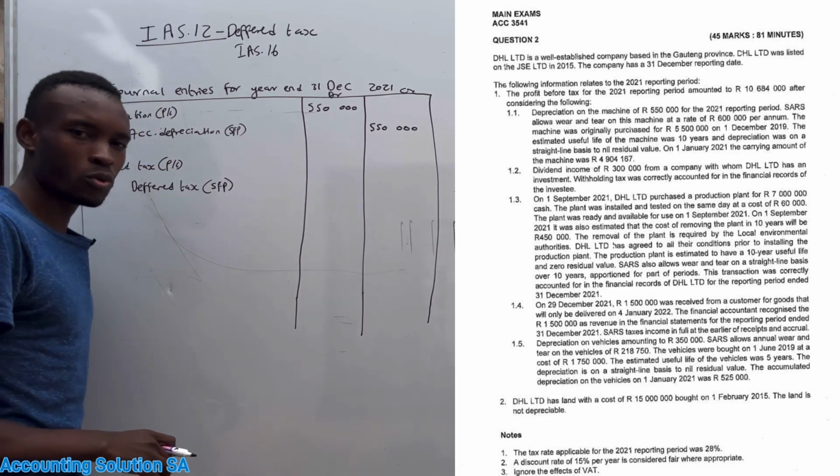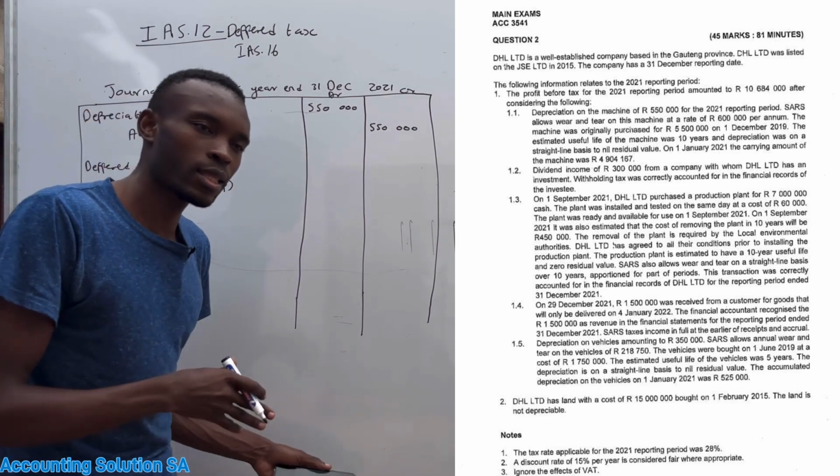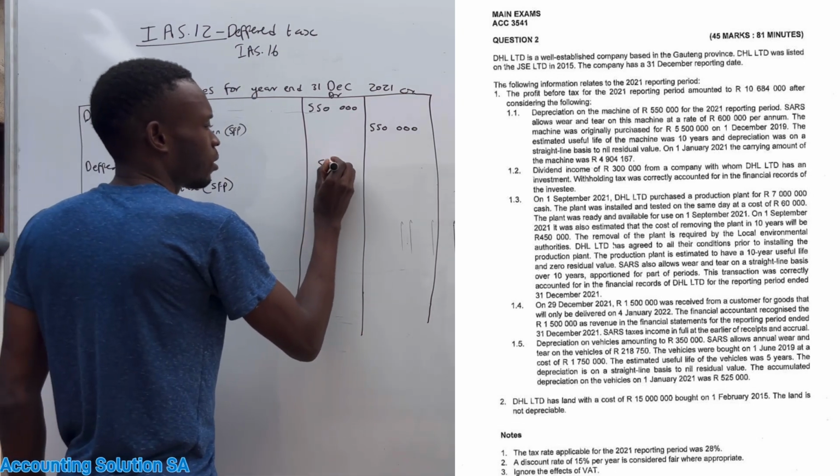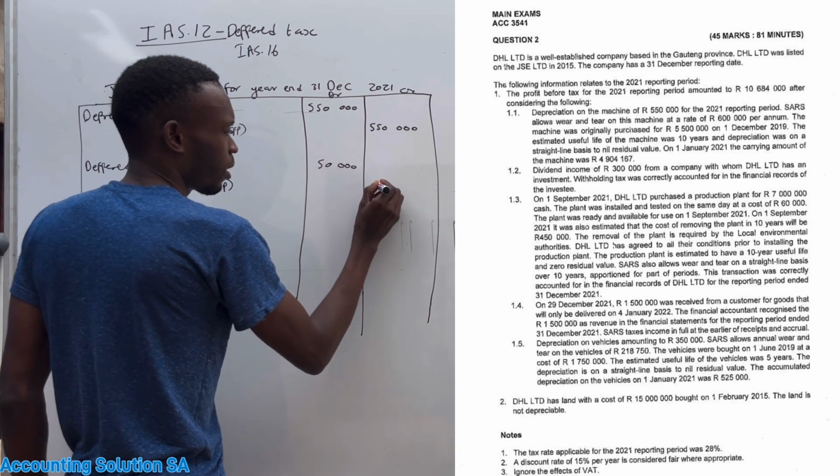So how much are we going to record? Obviously, the difference between 600 minus 550 gives you 50,000. This is what we call the difference.